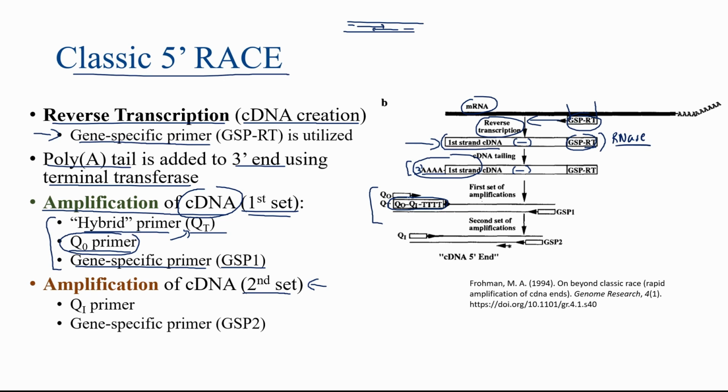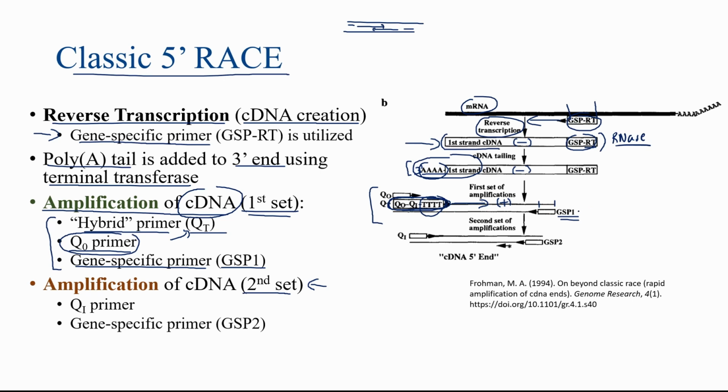And what's going to happen is that the hybrid primer is going to anneal, specifically it's the oligodeoxythymidine that's going to anneal to the poly A tail and then extend this way to form a positive sense strand.